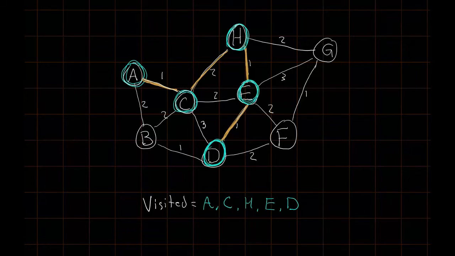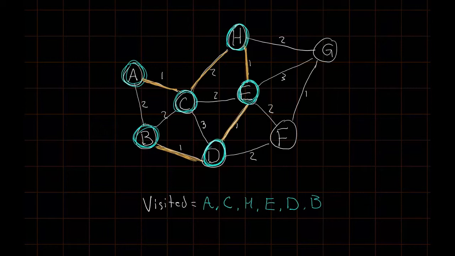And back through again, least weighted edge, that's going to be the connection from D to B. And we have visited B. And next, lowest weighted edge to connect another node.